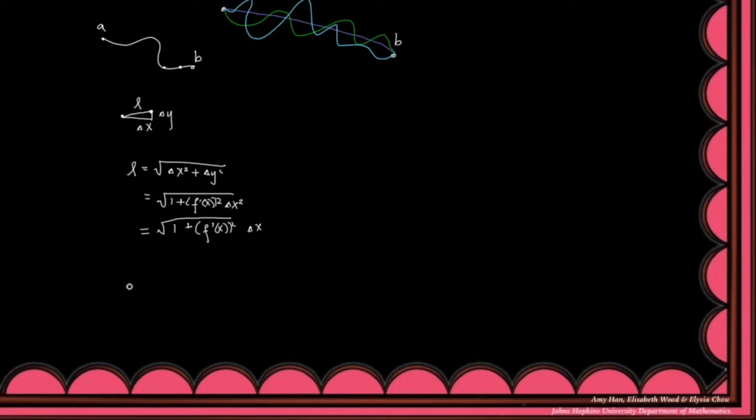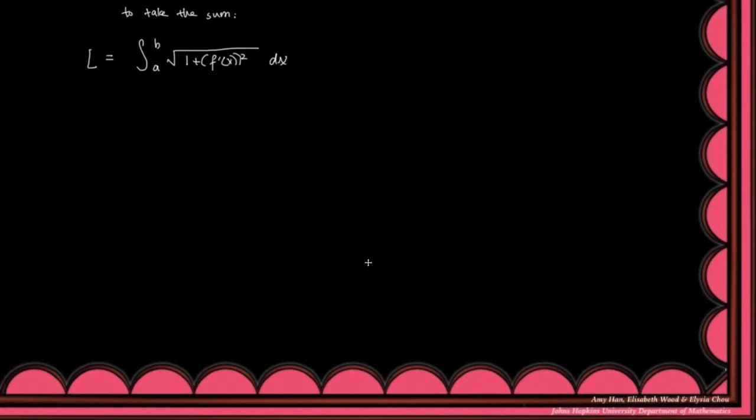To find the length of the entire curve, all you have to do is take the sum of all the small segments. So we can take the definite integral from a to b of the square root of 1 plus the derivative of f of x squared with respect to x. And that'll give you the length of any curve. So this is the functional that we're dealing with. This equation basically gives you the length of any curve connecting A and B.